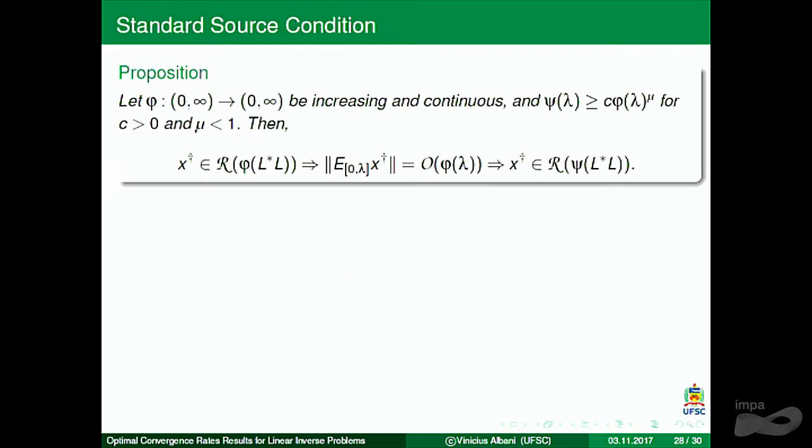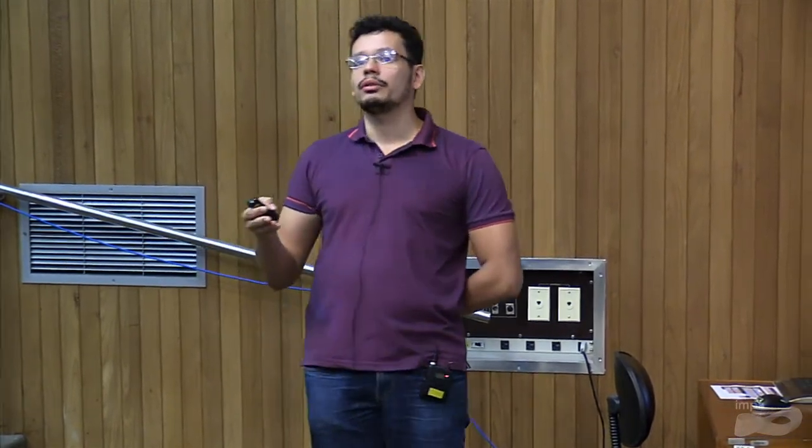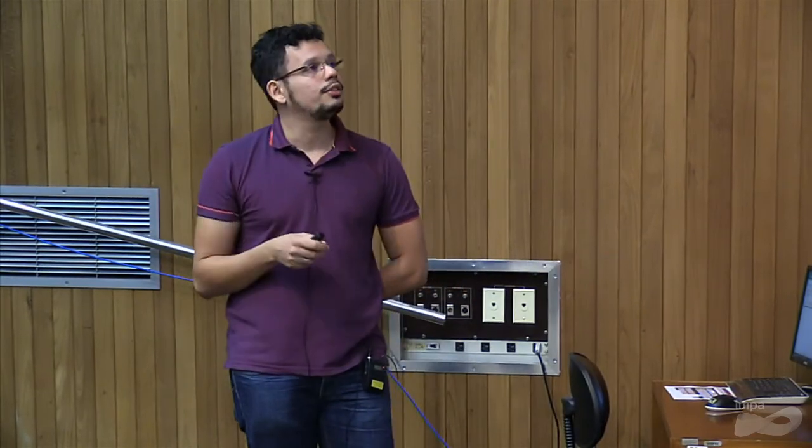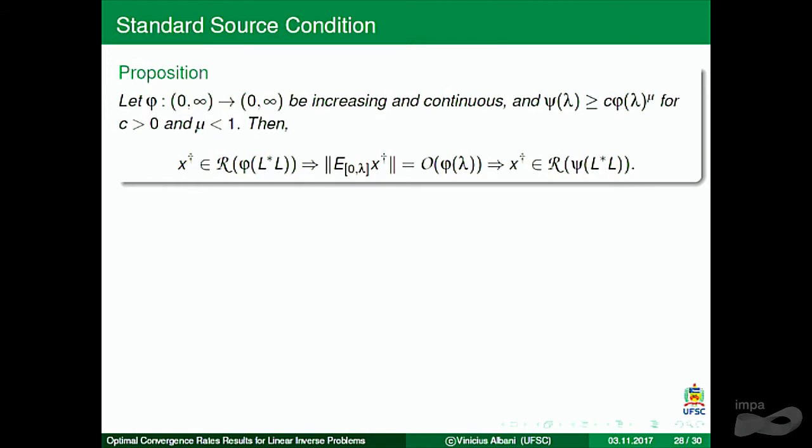Again, we can apply this to the case of Tikhonov regularization and the Hölder function phi and the logarithmic function phi. And now, in the end, we have this saturation result. So if the minimum norm solution is inside the range of this operator, we have this behavior of the tail function.